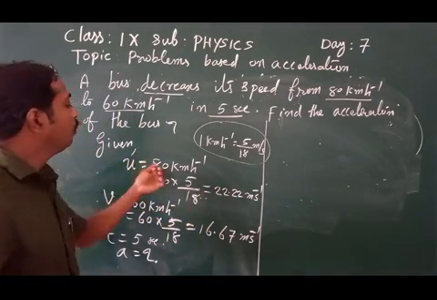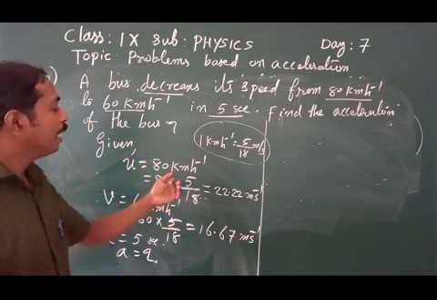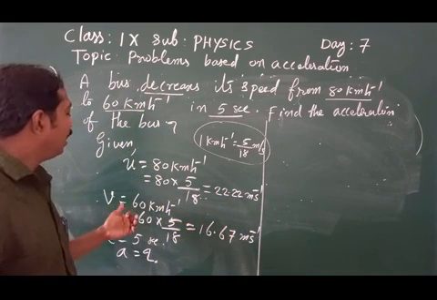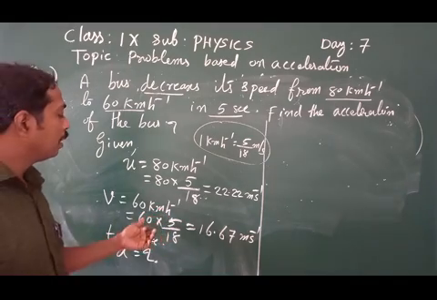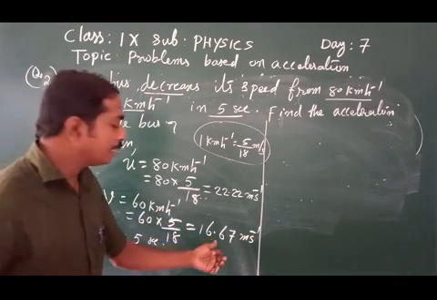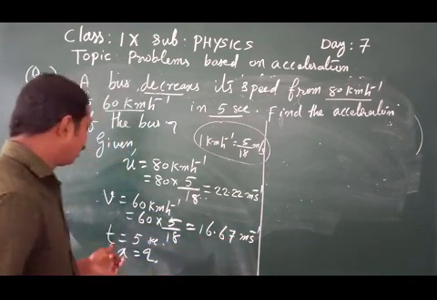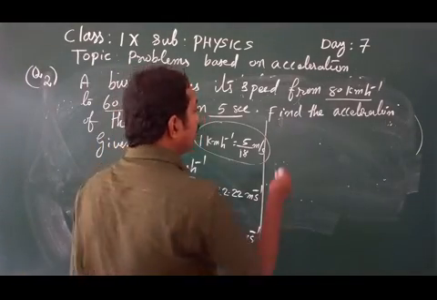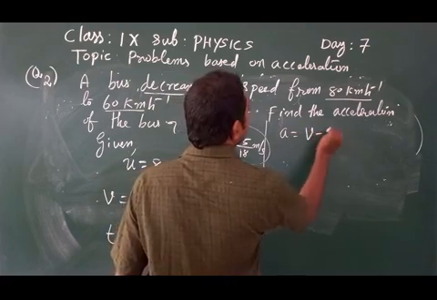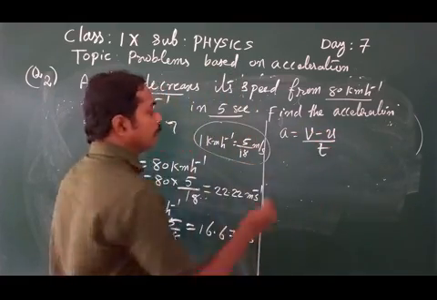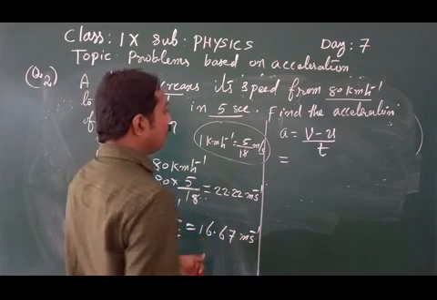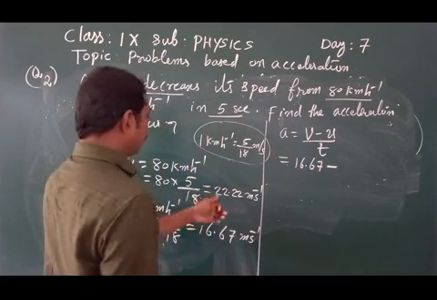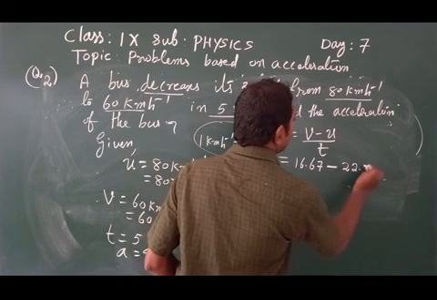So we have U equal to 80 km per hour, 80 into 5 by 18, 22.22 meter per second. V is 60 km per hour, 60 into 5 by 18, we get 16.67 meter per second. Time 5 seconds. Acceleration, question mark. Which formula do we use? A equal to V minus U by T, equal to 16.67 minus 22.22.